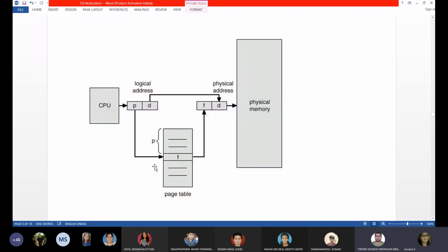So the page table will also be inside the main memory, not in the secondary memory. Page table is a reference table. One table will belong to one process only.